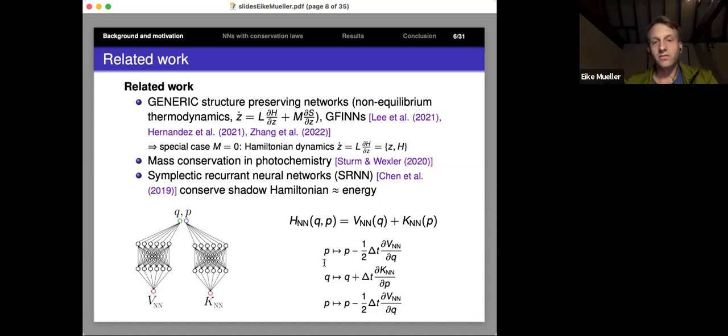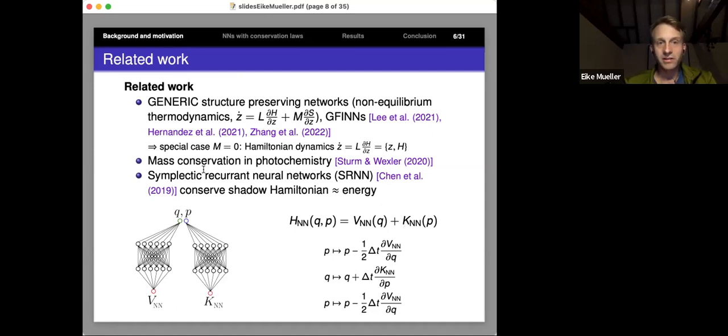And then if you represent these two bits by neural networks, and use a symplectic integrator like Leapfrog, then you can conserve some shadow Hamiltonian, and then the energy is approximately conserved.